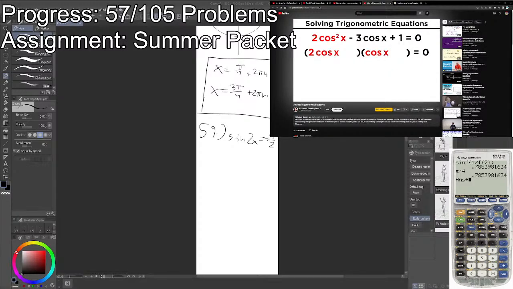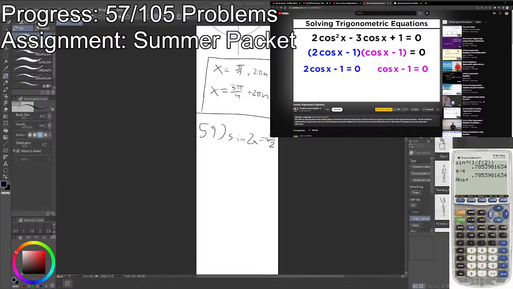We know we will need 2 cosine x here and cosine x here. Then from there, the factors of 1 are either 1 and 1 or negative 1 and negative 1. Since this cosine term is negative, let's try the negatives, and that does indeed work out, since we get minus 1 cosine here and minus 2 cosine there.